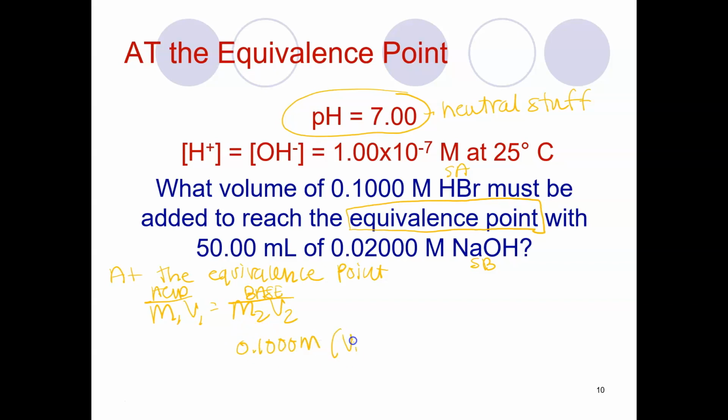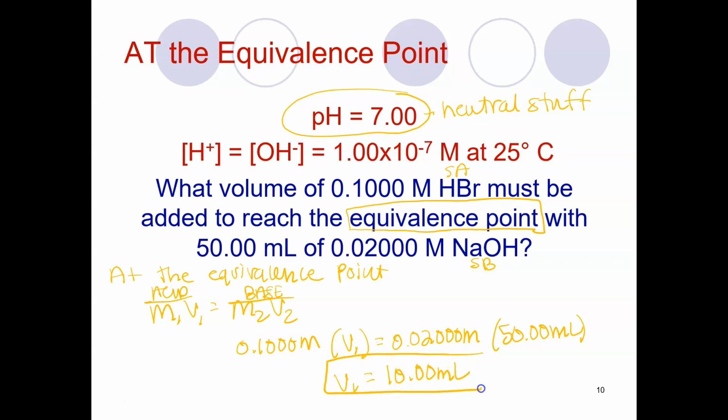Volume of the acid, I don't know. Molarity of the base, 0.02000 molarity. Volume of the base, 50.00 milliliters. So I'm just going to do my math. And I end up with V1, my calculator just says 10, but because of significant figures, I'm going to say 10.00 milliliters. So they would have seen the big jump happen at 10 milliliters.